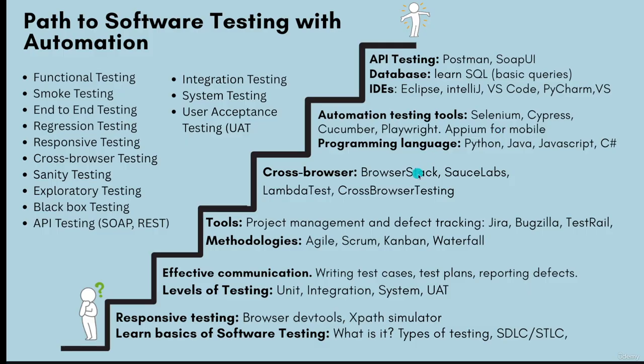Because these are the most popular cross-browser tools, the most popular project management tools, the most popular methodologies, usually Agile. So if you learn everything right here, you're well on your way to getting a software testing job as an automation tester.